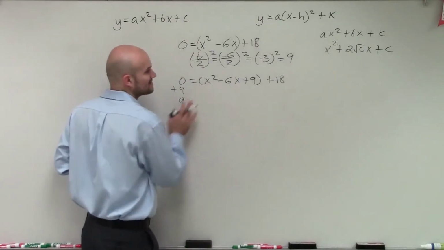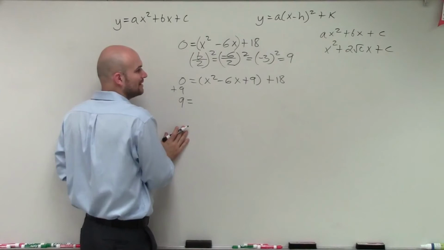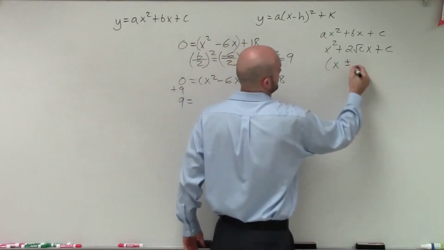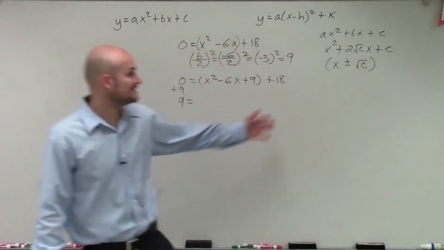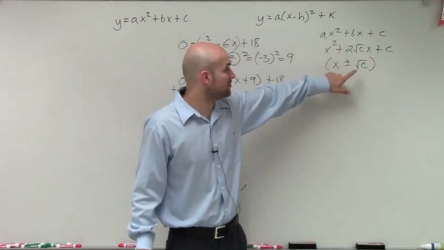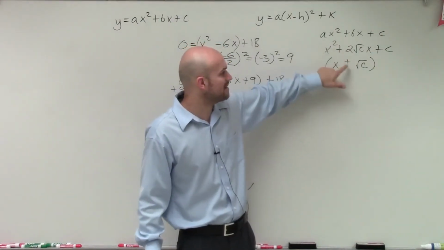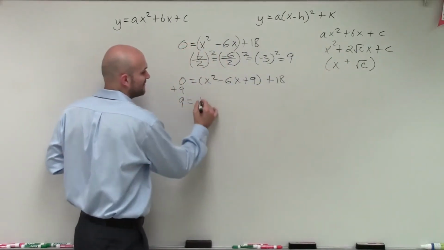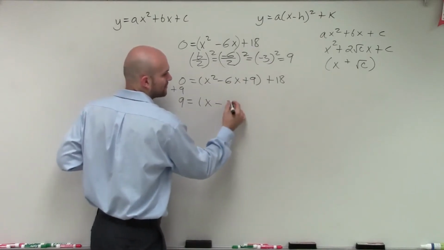So now what we can simply do is say, all right, my perfect square trinomial is simply going to be x plus or minus the square root of c. It's either going to be both positive or both negative, depending on your middle term. In this case, my middle term is negative, so it's going to be x minus the square root of c, which is 3.